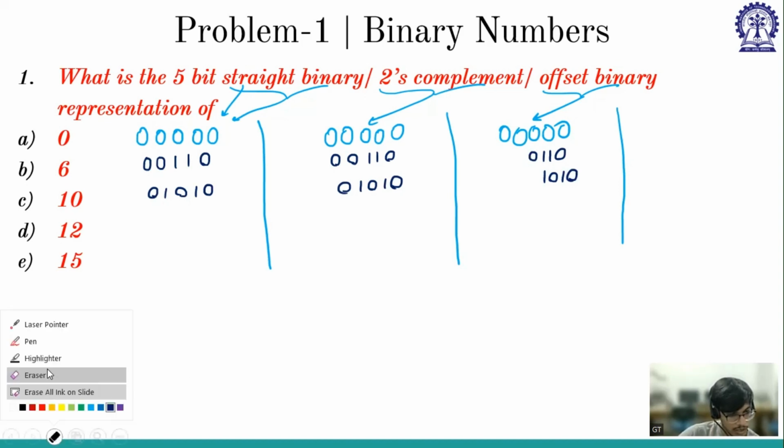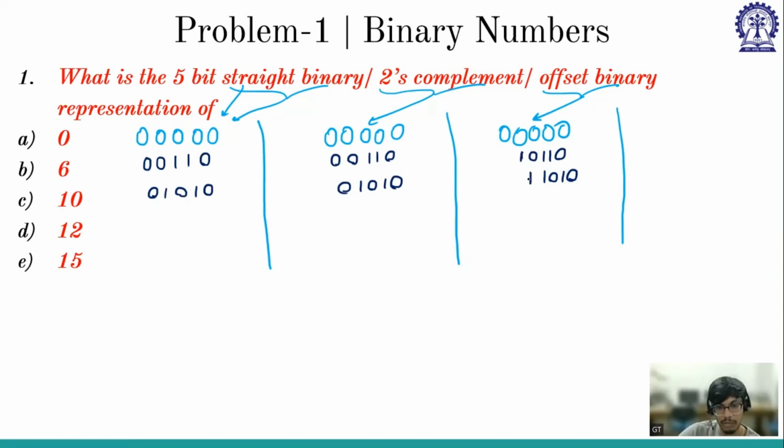Let me check. So here 1, 2, 3, 4, 5. The offset binary input will be 1 because it is the invert of 2's complement.